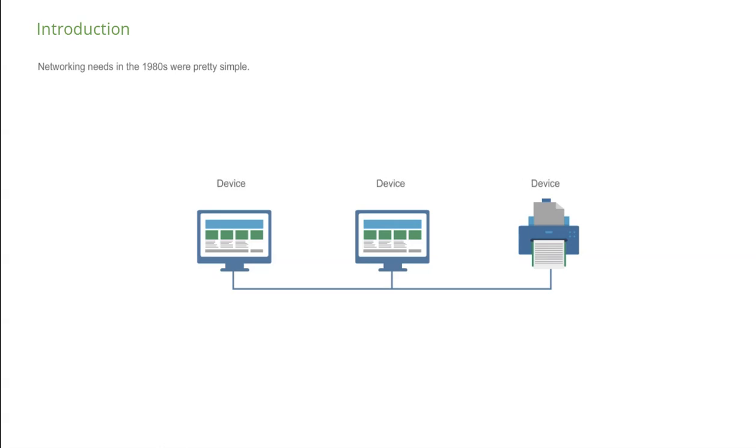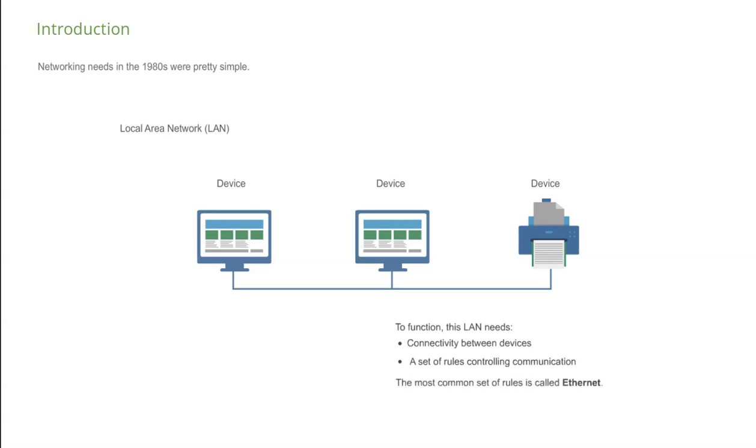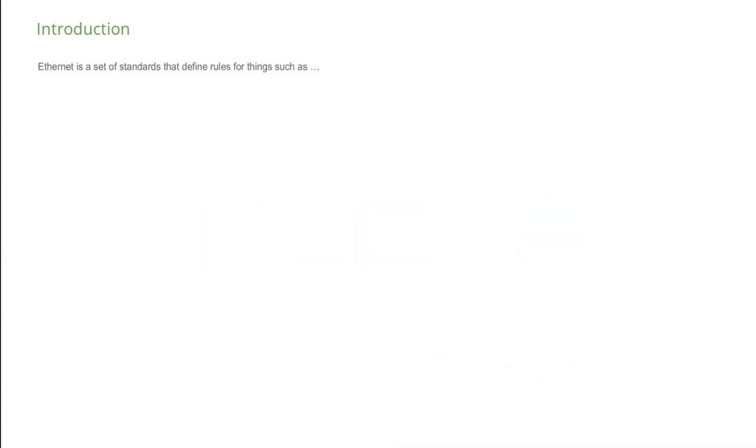As we mentioned in Section 1, a geographically limited network is called a local area network, or LAN. To create a LAN, end-user devices must be connected either physically with cables or wirelessly. A LAN also requires a set of rules controlling communication on that connection, and the most common set of rules is called Ethernet, a LAN network technology developed in the 1970s.